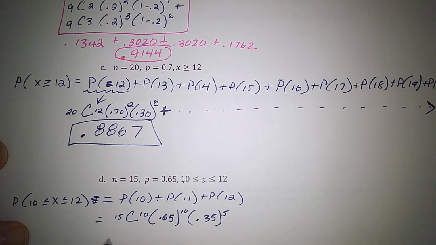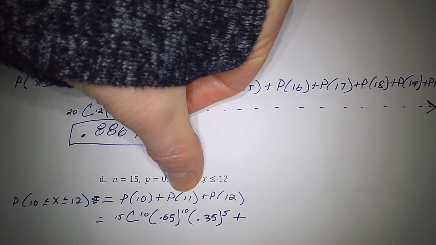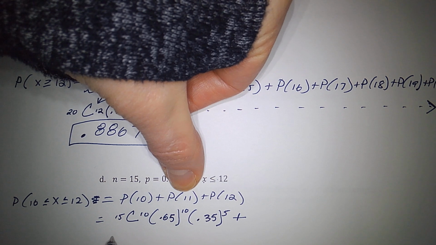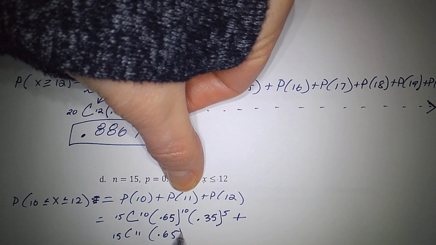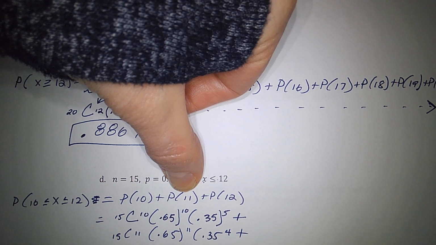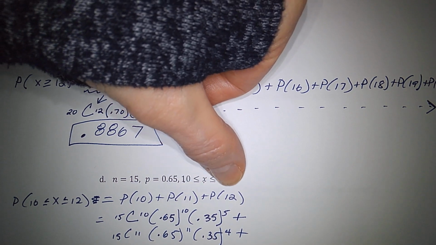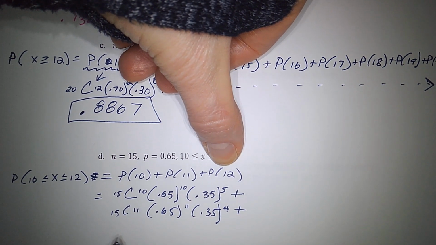Then we're going to add that to the probability of getting 11 successes. So that's going to be 15 C11. I want 11 successes and 4 failures, plus the probability of getting exactly 12 successes.